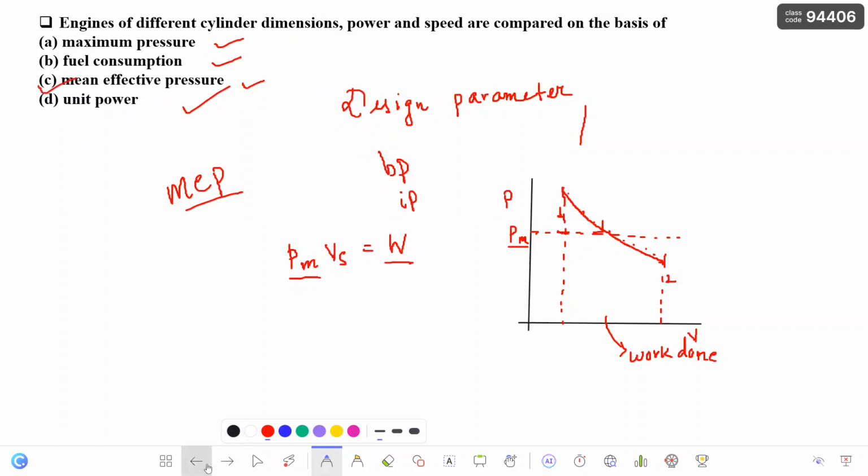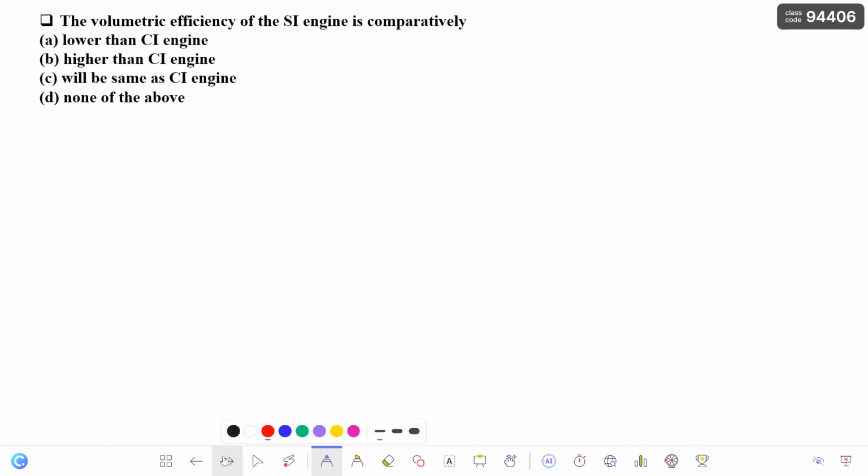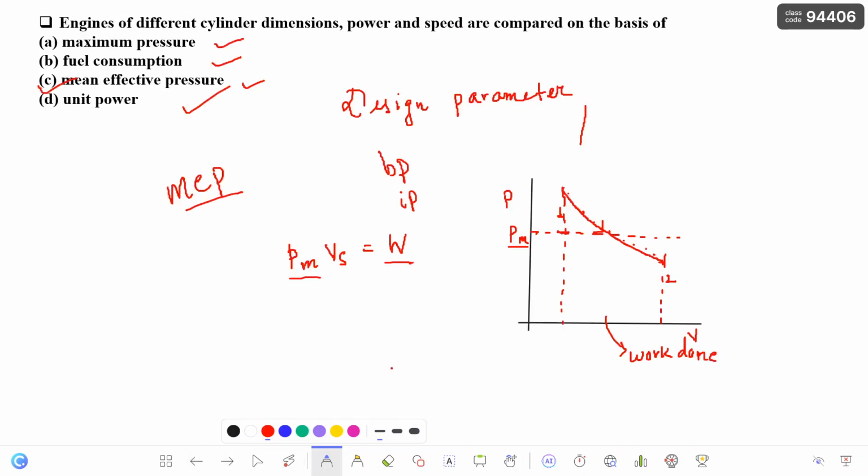Then the next question, the volumetric efficiency of SI engine is... sorry. Sir, last question. Okay, tell me. We are taking mean pressure. Whose mean pressure, sir? Or is it just a pressure which is created in the combustion? No. I will tell you. I will show you how it is calculated.